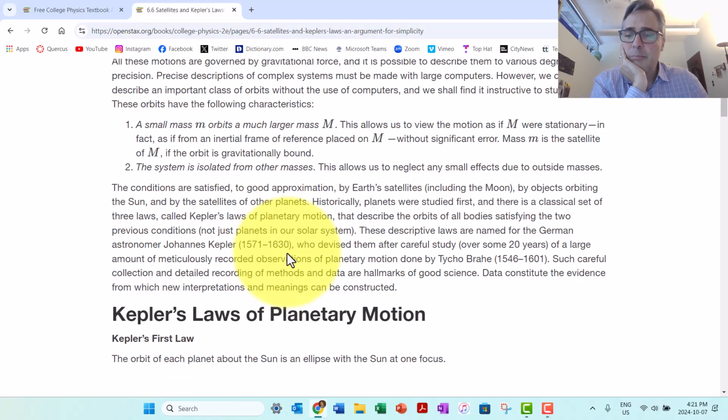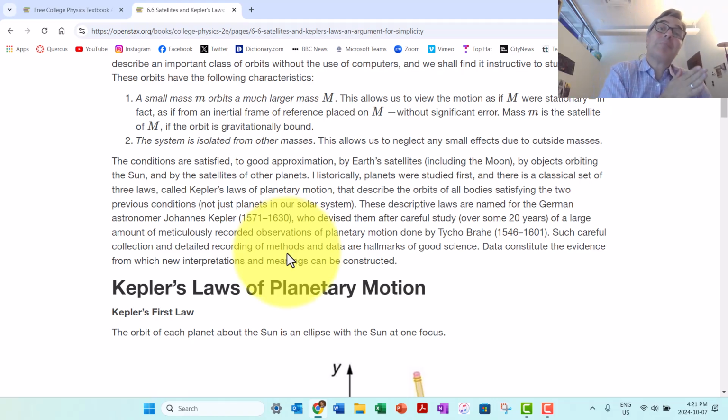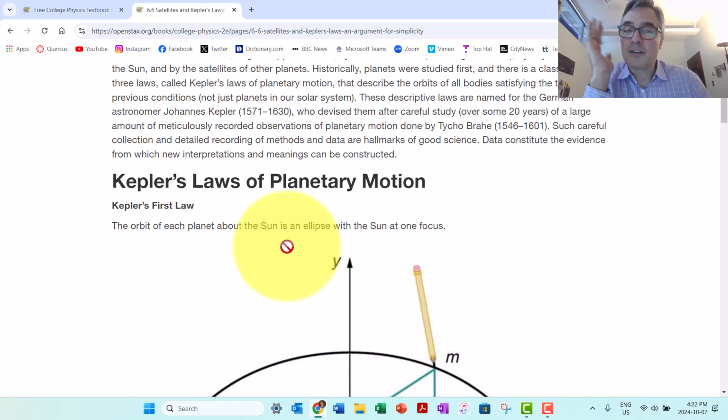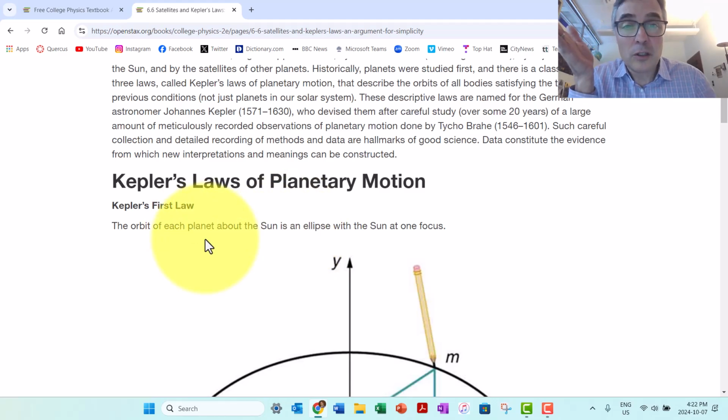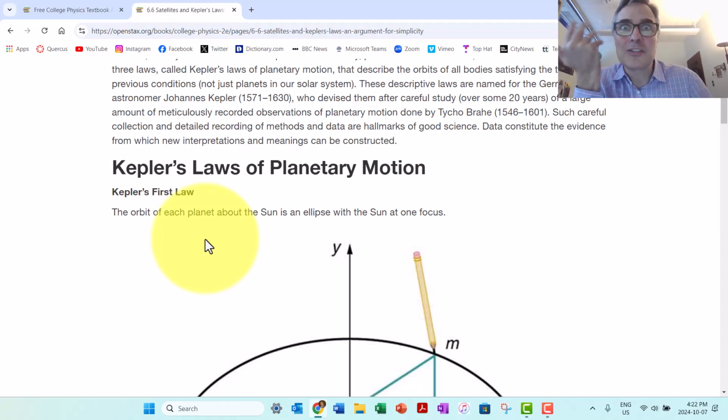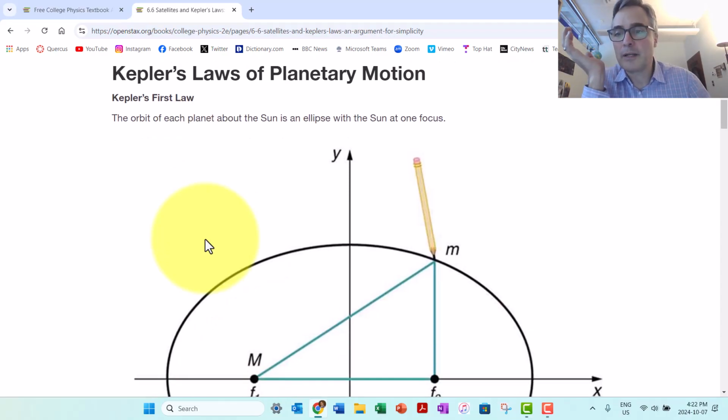So Kepler's laws of planetary motion were discovered before Isaac Newton laid down the principles for motion and gravity in the solar system. So they're kind of very empirical laws, meaning that people were looking at what the planets are doing and trying to describe what the planets are doing in their orbit around the sun.